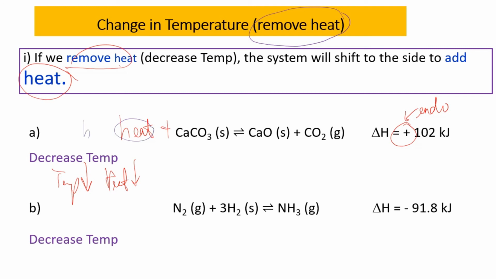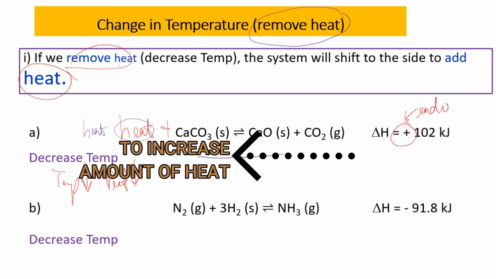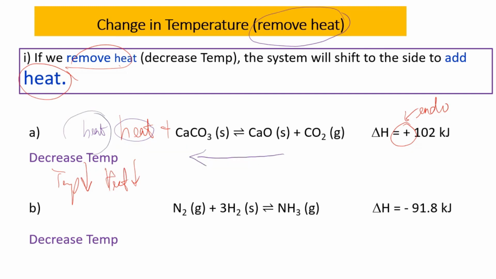We take out the heat actually. So what will happen? The system is not at equilibrium. So the system will try to shift to the left to increase the amount of heat in the system.